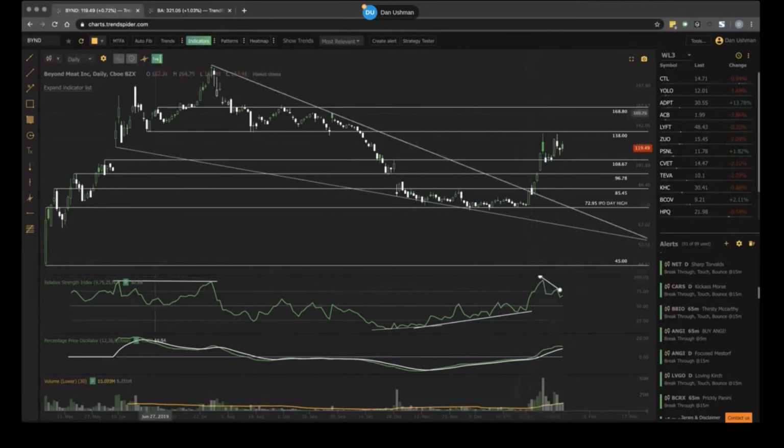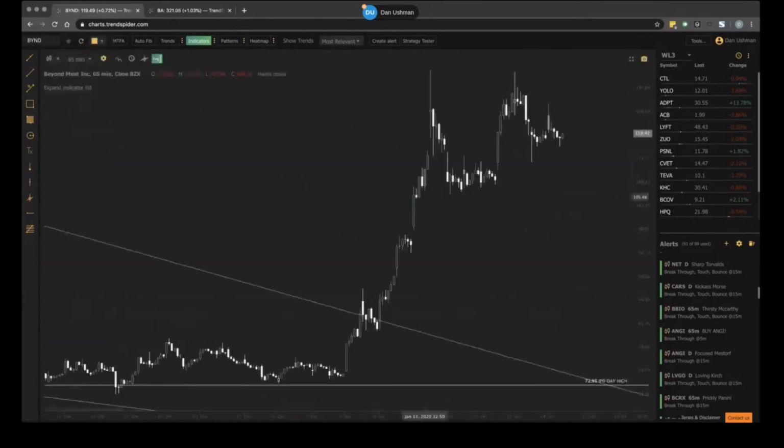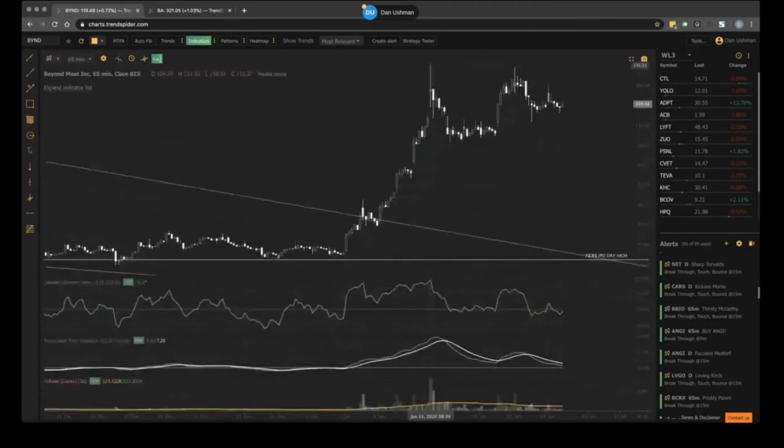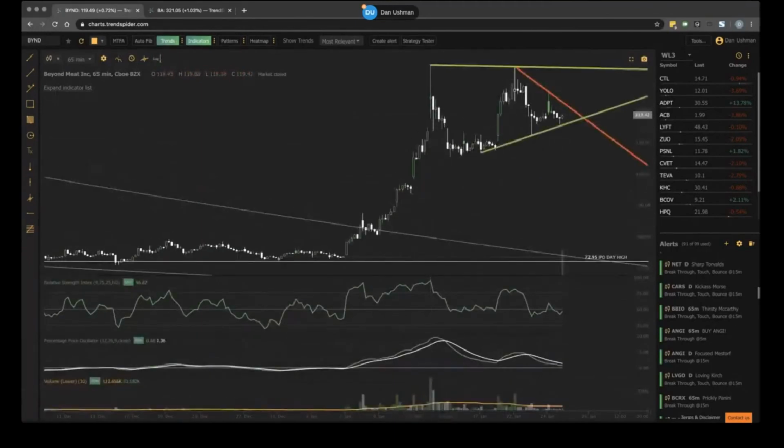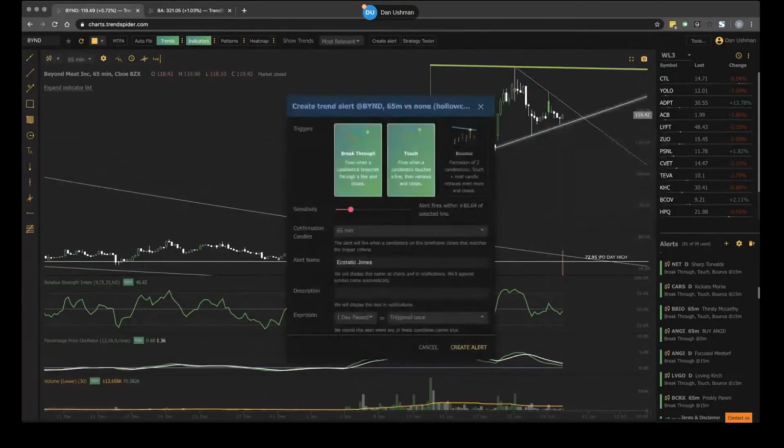If I were trading it, or if I was thinking about trading it, what I would probably do is zoom into a smaller time period. Call it the 65-minute chart or something. See what trends I can find on it, right? Actually, the auto trends are perfect on this. And lock those in and then create 2 alerts on it so I don't have to guess, right?